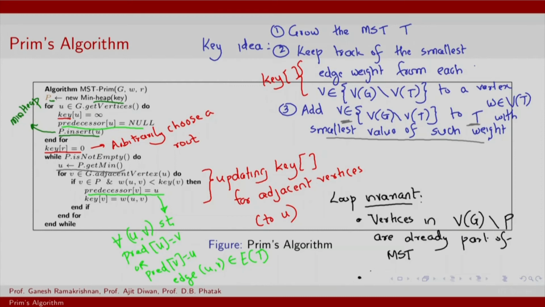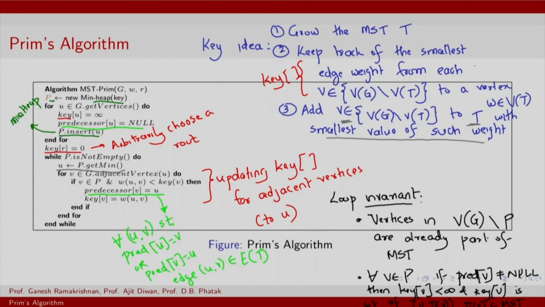So for all vertices v which are part of the priority queue Q, if the predecessor of v is not nil, then the key corresponding to v should be finite, and key[v] is the weight of the edge going between v and pi[v], where pi[v] is basically already a part of the minimum spanning tree constructed so far.